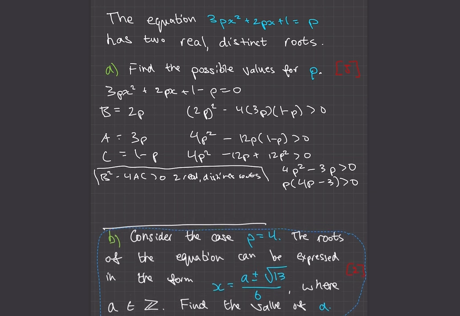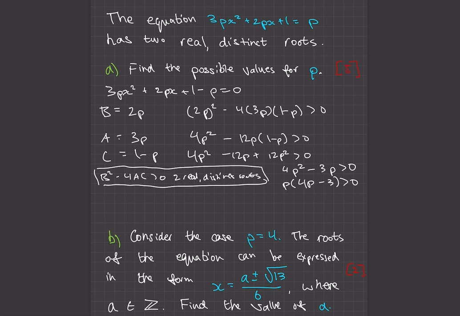So p times (4p minus 3) is greater than 0. That means we have a product of 2 things that is greater than 0, so either both factors are less than 0, or both are greater than 0.